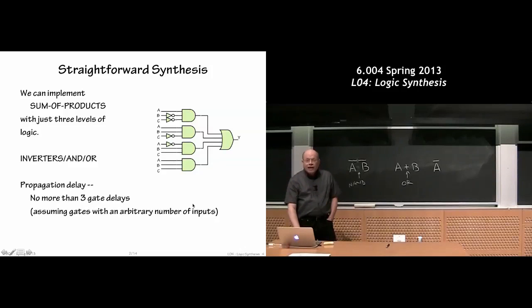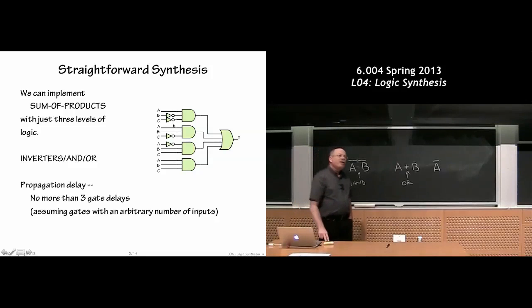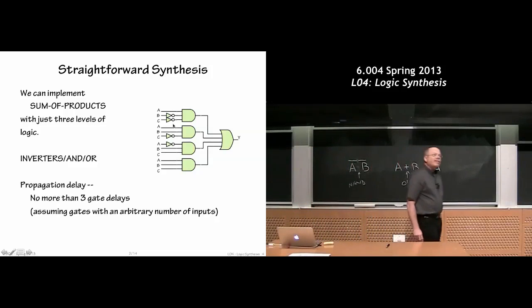Each of these AND gates represents one of the product terms, and then I've wired it up appropriately. Here, this is the product term that was A and B and C. This top one is the product term which was not C and not B and A. And you can see I've used inverters liberally to produce the not of B and the not of C whenever I need it.